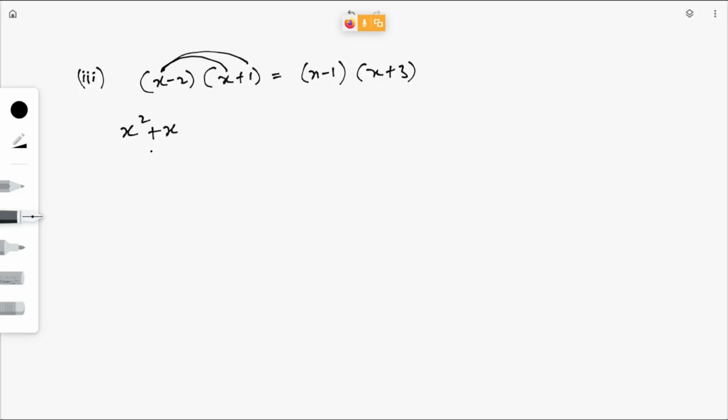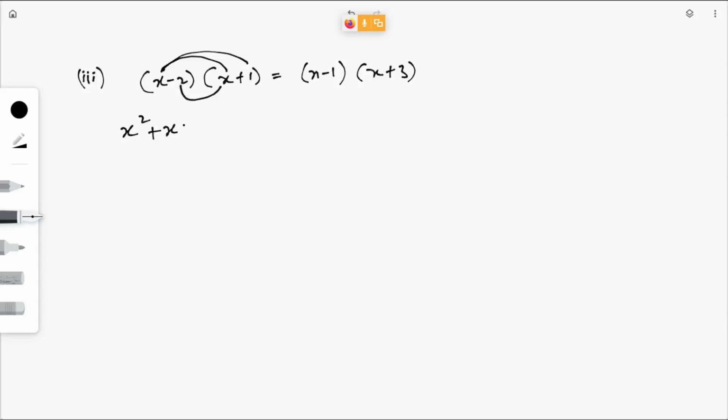Falguni, understood? You need to multiply this x with this x. Yes, sir. x from this bracket and then x from this bracket. After multiplying this x with this, multiply the same x with the next term, that is 1. So you will get x square plus x. Similarly, multiply this minus 2 with this x.